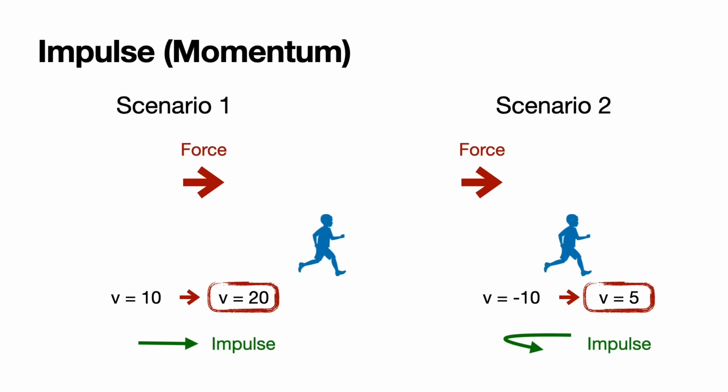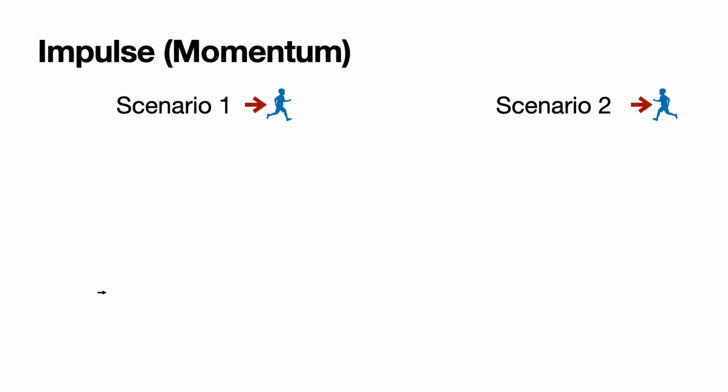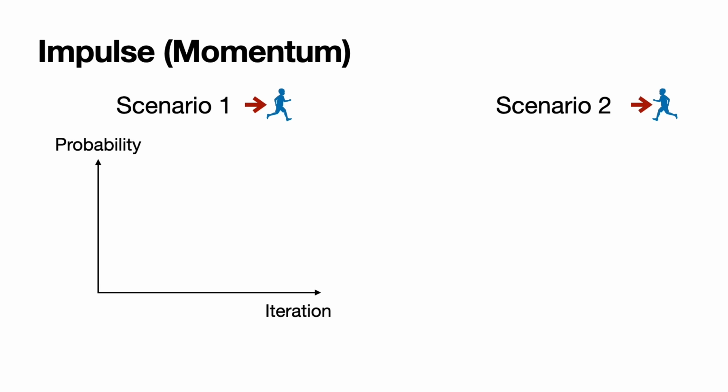Now obviously you know how physics works, so this is nothing new, but I'm going to show you how this is used for the training. So let's look at scenario 1 and make a little plot. In the horizontal axis, we have the iterations of the neural network. So as the neural network is trained, there are many iterations, and in each one of them, the probability of a certain state changes.